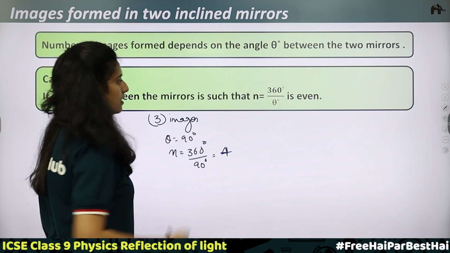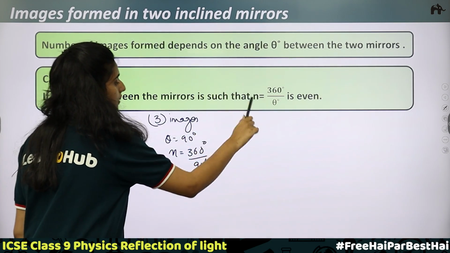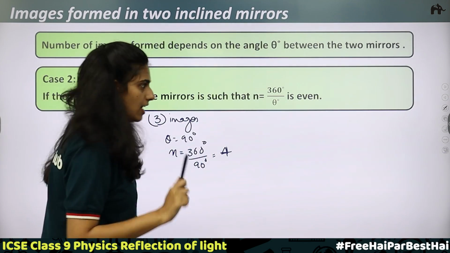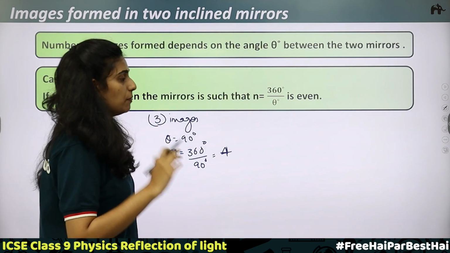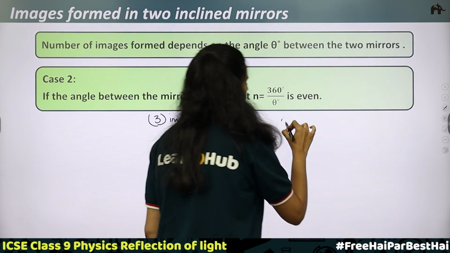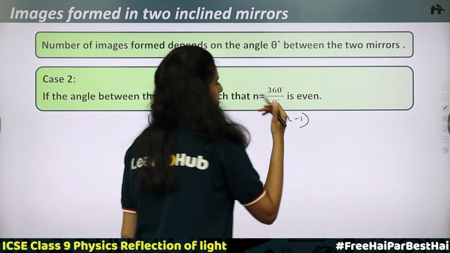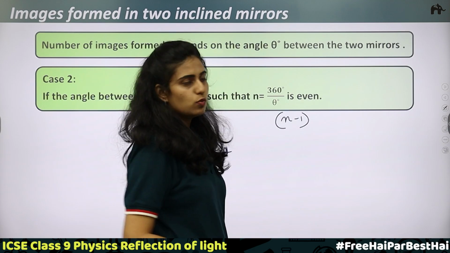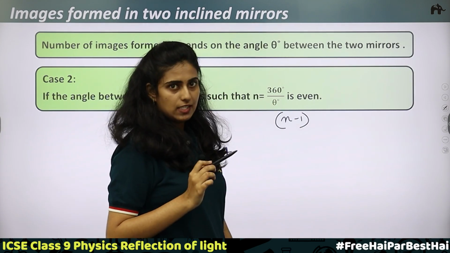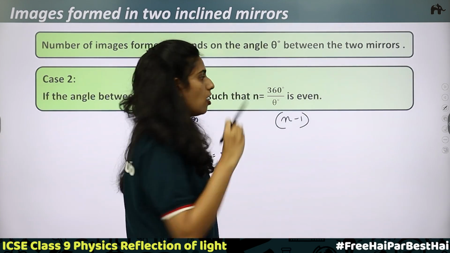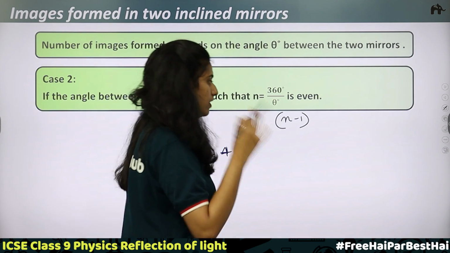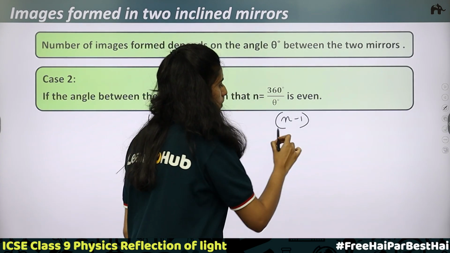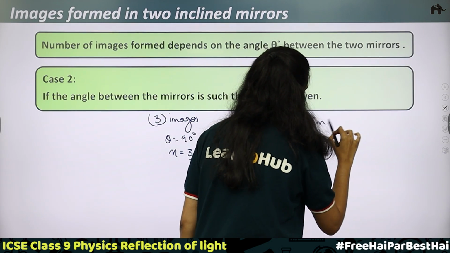So when the n value is an even number, the number of images formed will be n minus 1, whether the object is placed symmetrically or asymmetrically. In all the cases you will be getting n minus 1 images. It is not necessary that the object is on the bisector or away from the bisector. Whatever it is, you will be getting n minus 1 images.